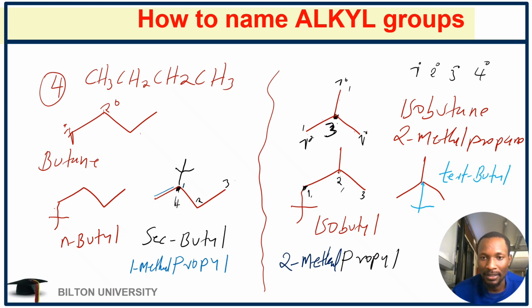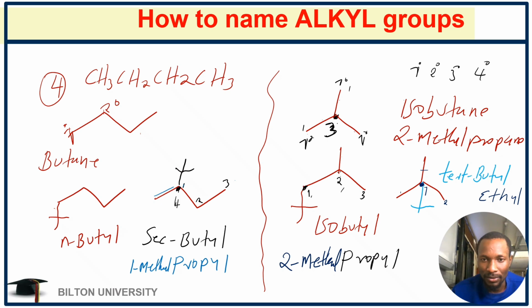So let's look at tert-butyl. If this is our carbon of attachment, then let's call it carbon number 1 and carbon number 2. Because of that, we are going to have 2 carbons, which gives us ethyl. Remember that? Ethyl from the previous slide. In this carbon number 1, we have 2 substituents, and all of them are methyl groups, both attached to carbon number 1.